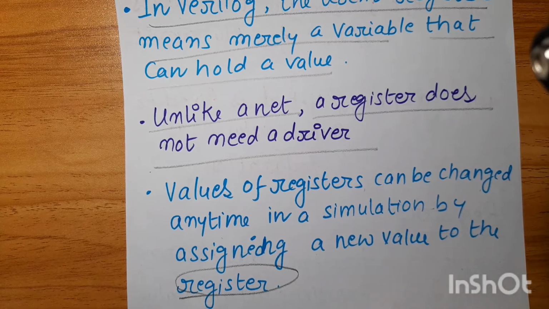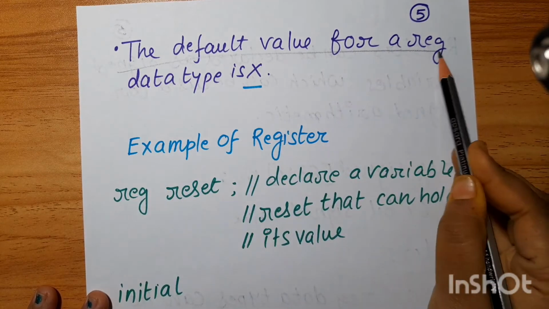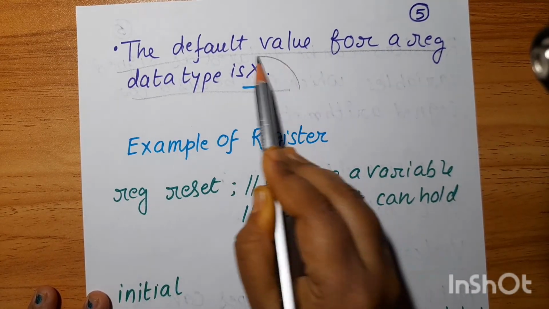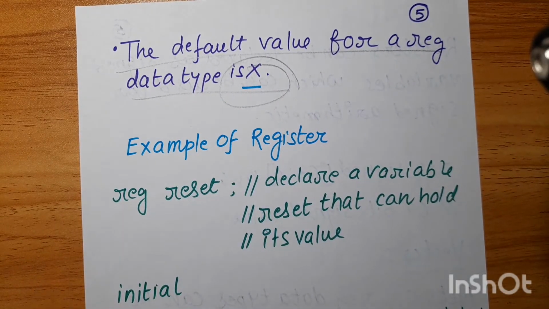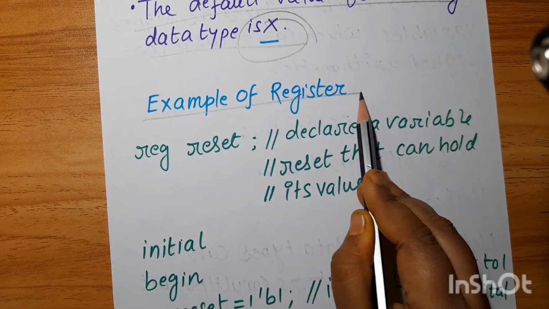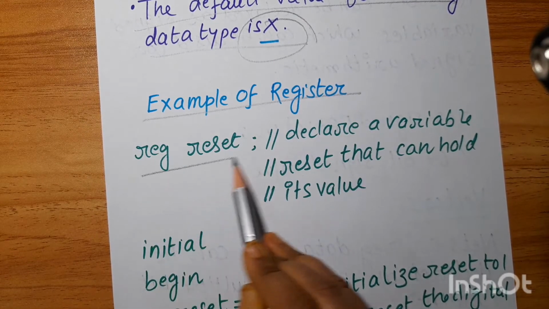Here it is simply a variable that can store values. The default value for a reg data type is X, while the default value of a net is Z.